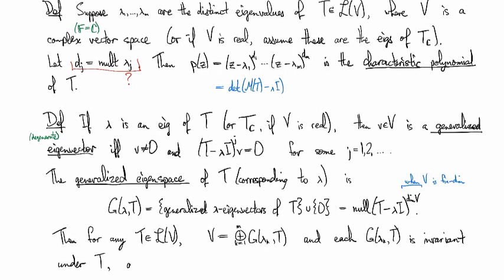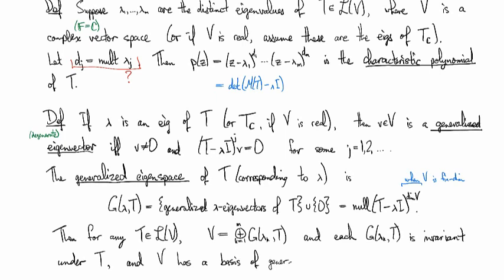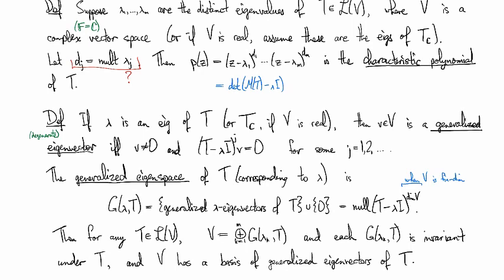So yeah, and maybe I'll write that. V has a basis of generalized eigenvectors of T. And so studying that sort of structure really gives you a nice decomposition of T and allows you to understand exactly what's going on.